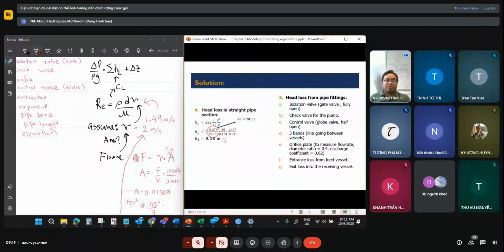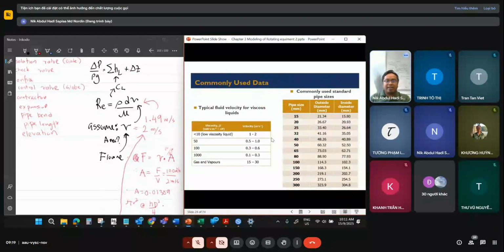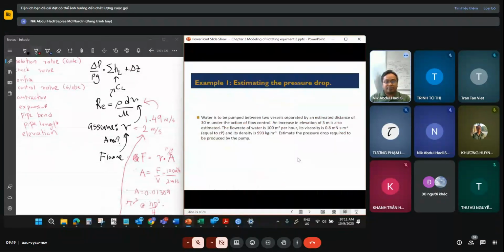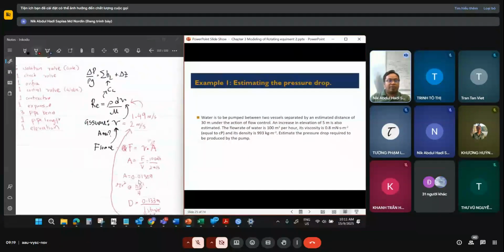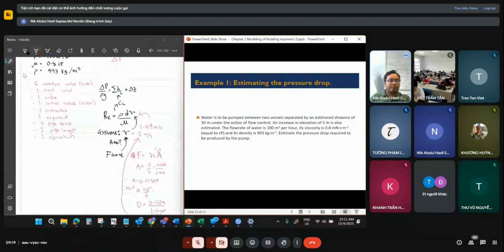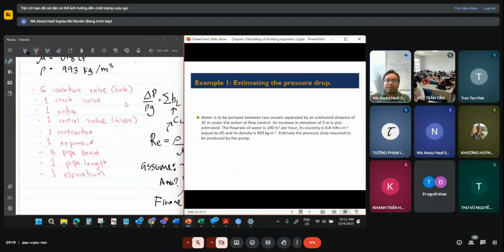Then we are to substitute into all of the equations earlier. Once we have the Reynolds number, we go back into the previous slides to calculate the CL of each.